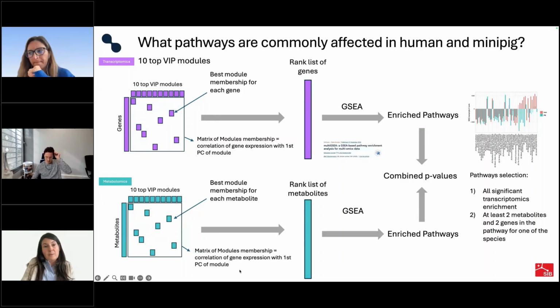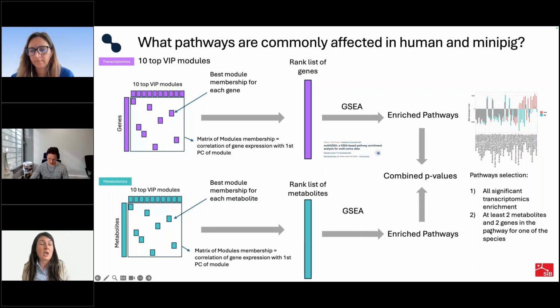In this way, we obtain a ranked list of genes and metabolites and perform gene set enrichment analysis for both of them. For metabolites, it would be called a metabolite set enrichment analysis. In a second step, we combine the p-values of the enriched pathways in order to select a shared and common pathway between species.